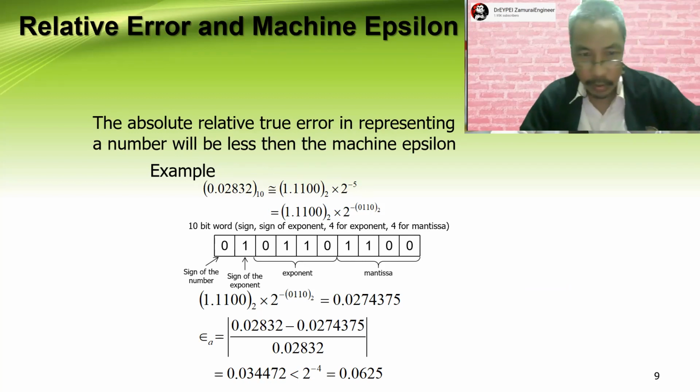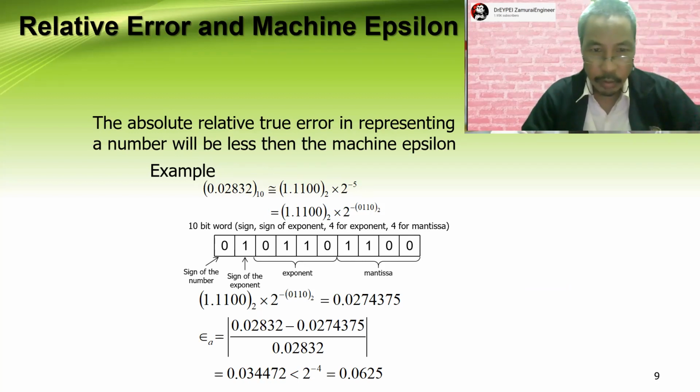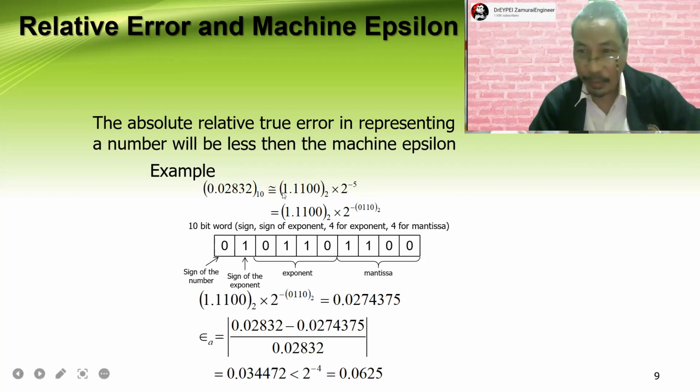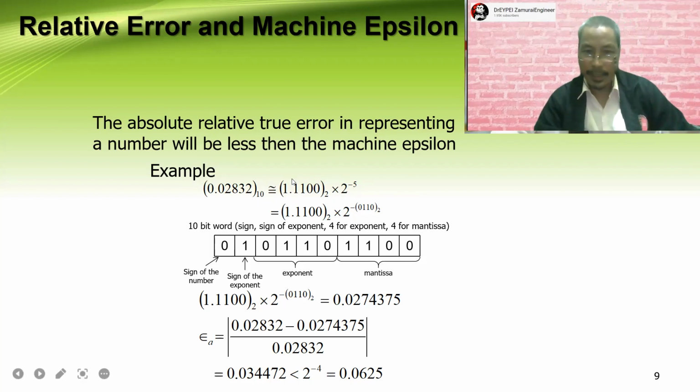For example, 0.02832, convert to binary. Cannot be done by our calculator, manual. Multiply by 2 times 2 times 2 times 2, and then convert to the scientific notation in binary form. This is a scientific notation in binary form.